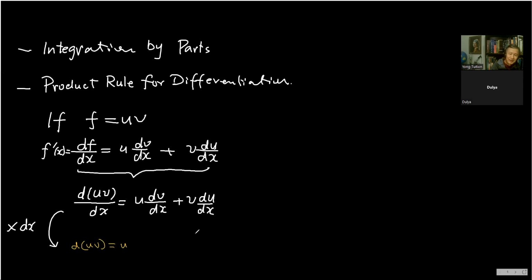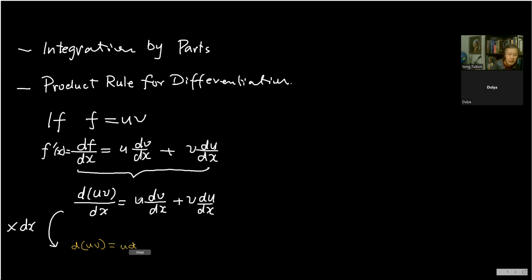We just treat dx as a variable. Now you still got dv and a lot of things here. You do it step by step. If you treat these as factors, what would happen if you multiply by dx? u and v would still be multiplied by dx, right?